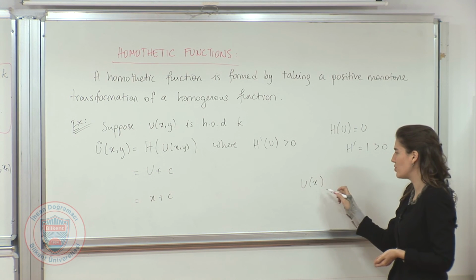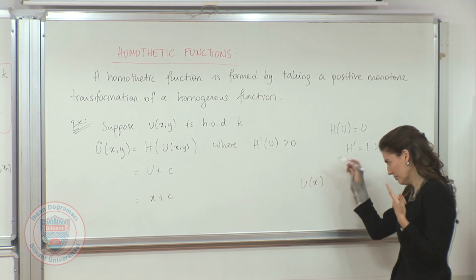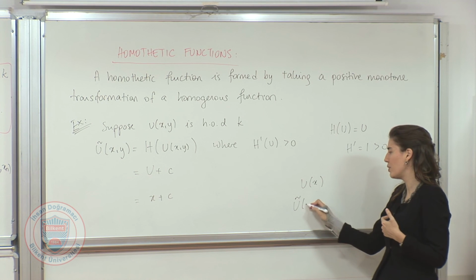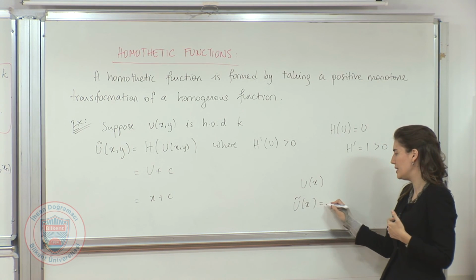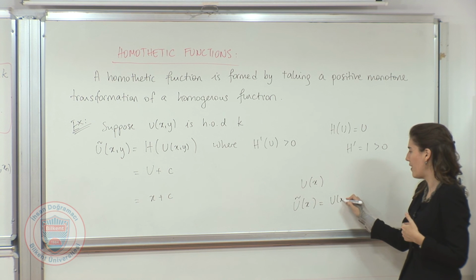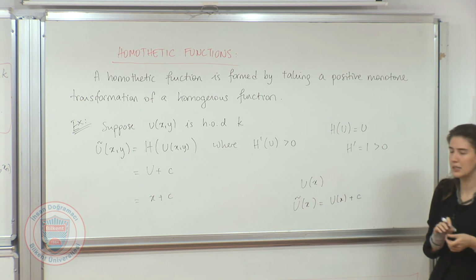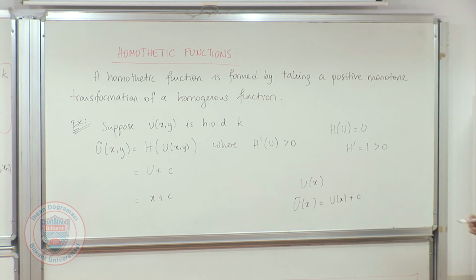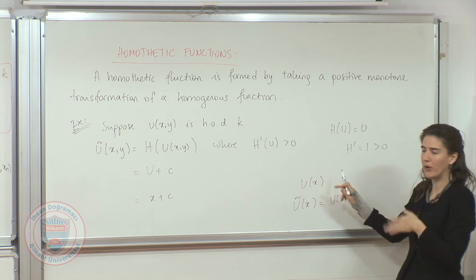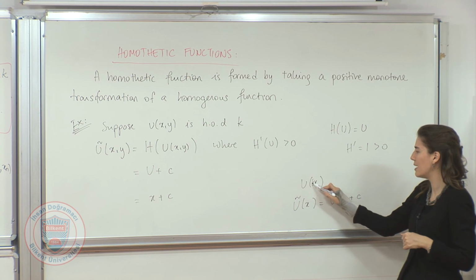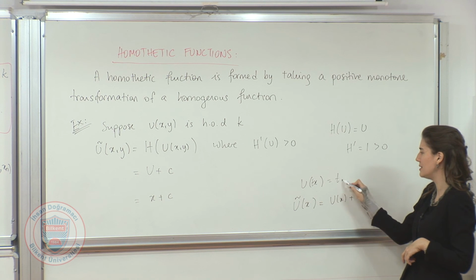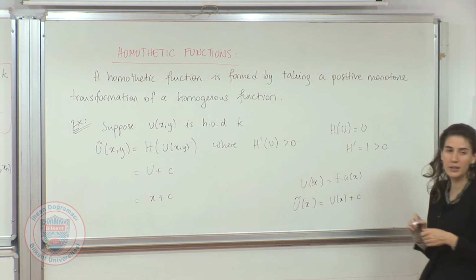Now I take this transformation: u tilde of x is basically u of x plus some constant c. So suppose this guy is homogeneous, okay, of degree something, meaning that when I multiply it with t, this is t times u of x, right?